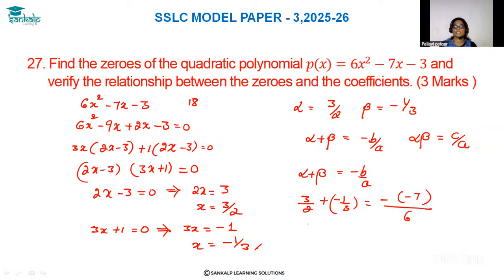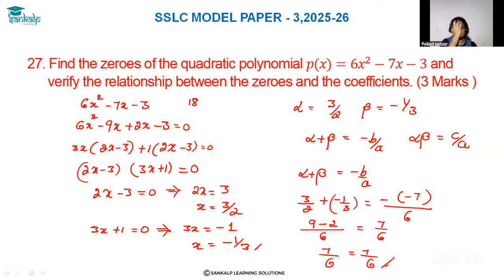So here 3 by 2 plus minus 1 by 3, LCM is 6. The numerator: 9 minus 2, so this is equal to 7 by 6. So 9 minus 2 is 7, 7 by 6 is equal to 7 by 6.